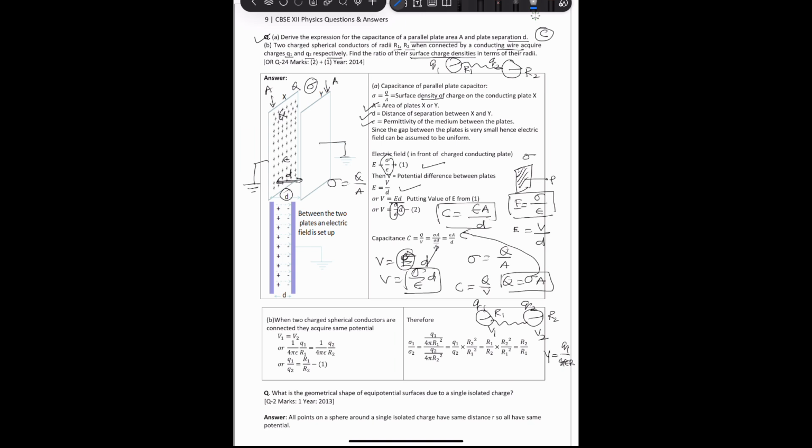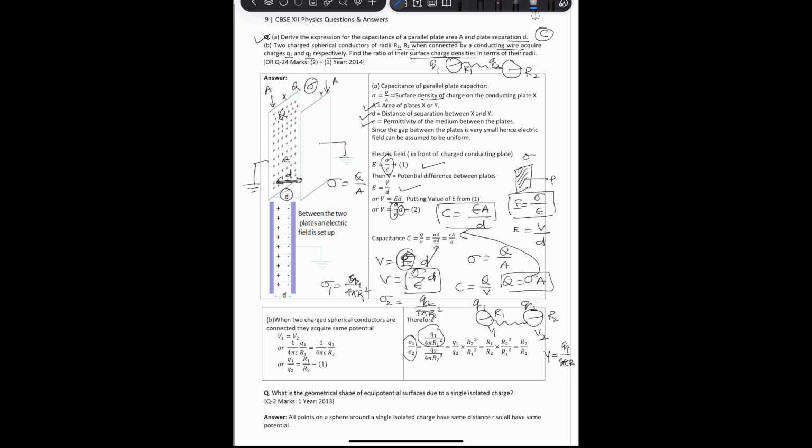Now sigma 1 and sigma 2 we have to find out. So what is sigma 1? Sigma is charge per area. So what is surface area? 4 pi R square. So for the first sphere, sigma 1 is Q1 by 4 pi R1 square. For the second sphere, sigma 2 is equal to Q2 by 4 pi R2 square. So we have to find out the ratio of sigma 1 to sigma 2.